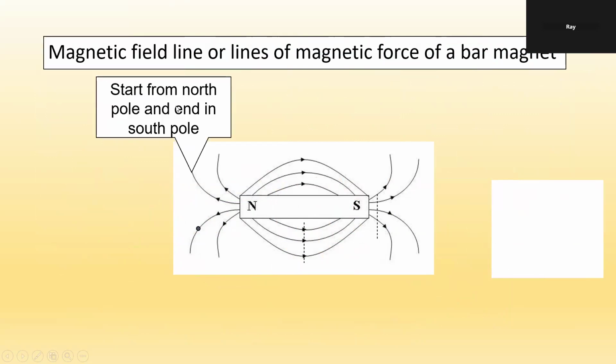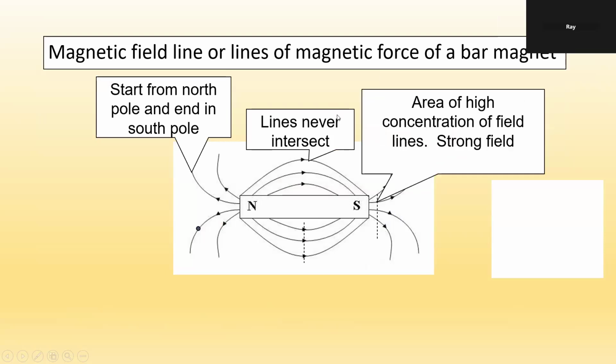Magnetic field lines, or lines of magnetic force, of a bar magnet start from north. They start from north because we use the North Pole as our convention. Start from north and end on the south. Lines never intersect, they never cut each other. Right? Where they are closer together, stronger field.